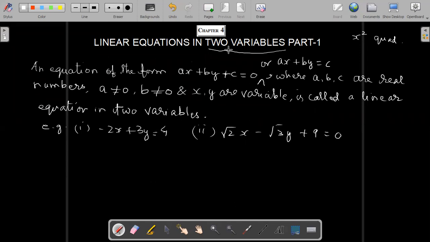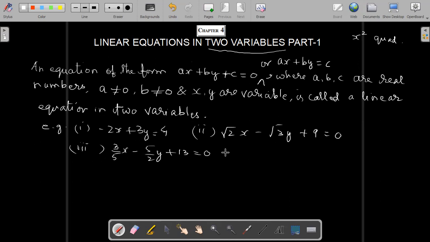Root 2 x minus root 3 y plus 9 is equal to 0 is a linear equation. Similarly, if it is written in fractions, it is also a linear equation, because fractions are also real numbers. 3 by 5 x minus 5 by 2 y plus 13 is equal to 0 is a linear equation in two variables.